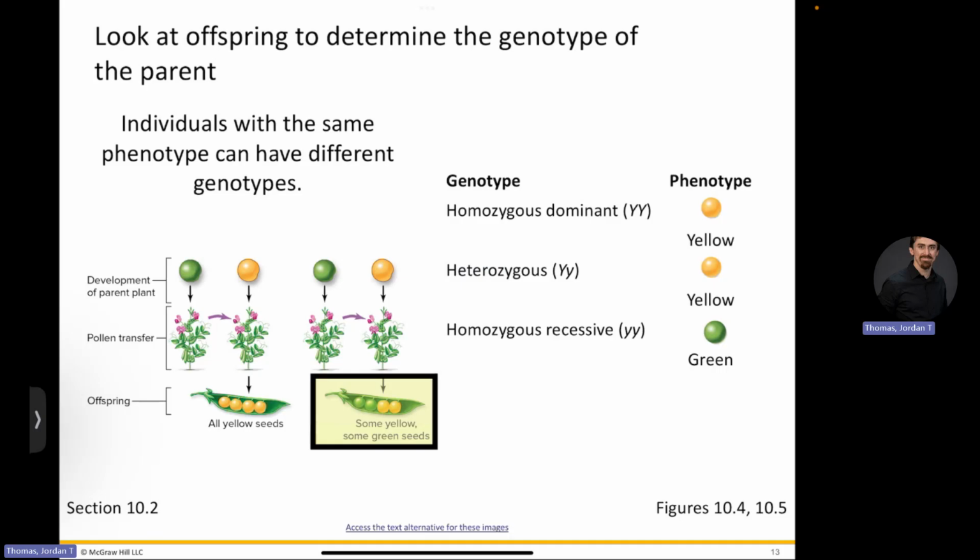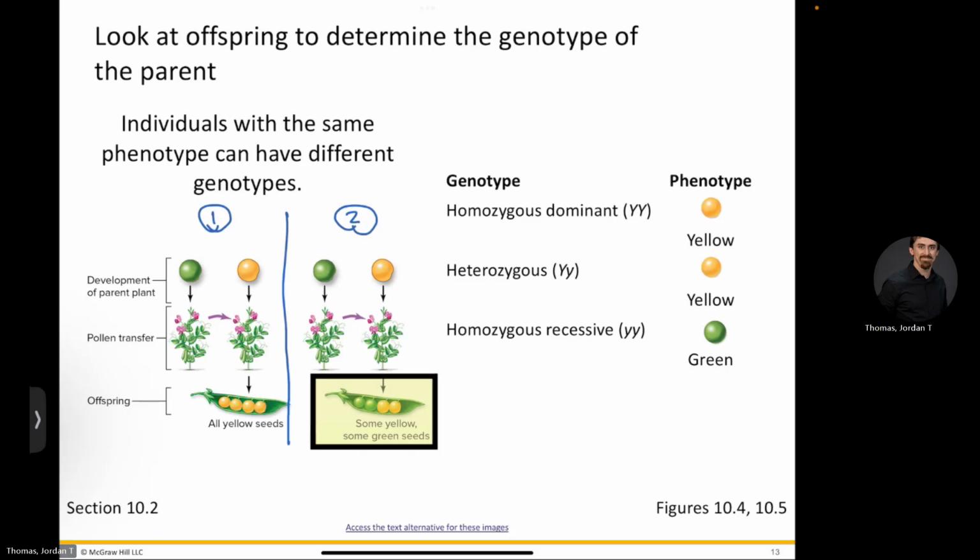Now, look at the offspring to determine the genotype of the parent. Individuals with the same phenotype can have different genotypes. So in this example here, I'm going to split this here. We have example 1 on this side, 2 on this side.